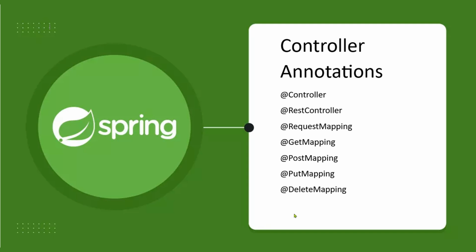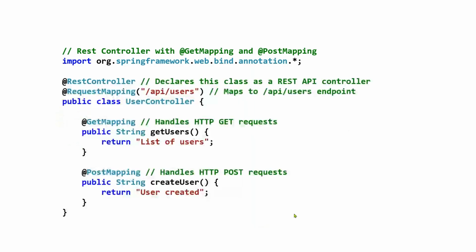controller annotations, which include @Controller, @RestController, @RequestMapping, and the HTTP mappings. So @Controller is an annotation that marks the class as a Spring MVC controller.